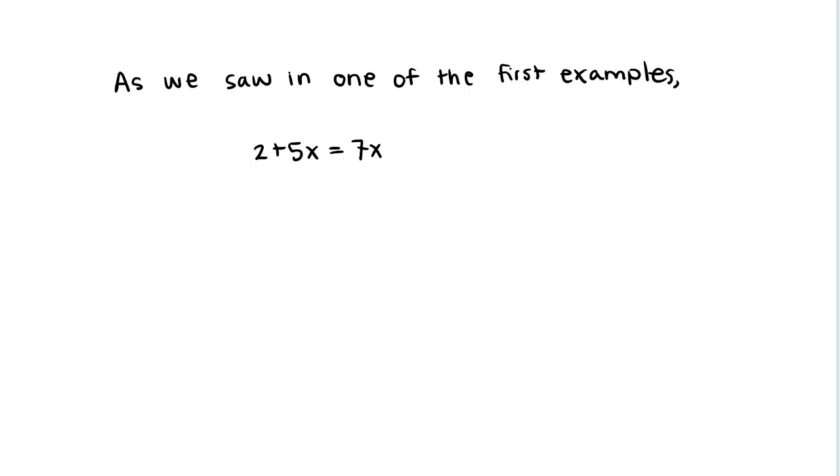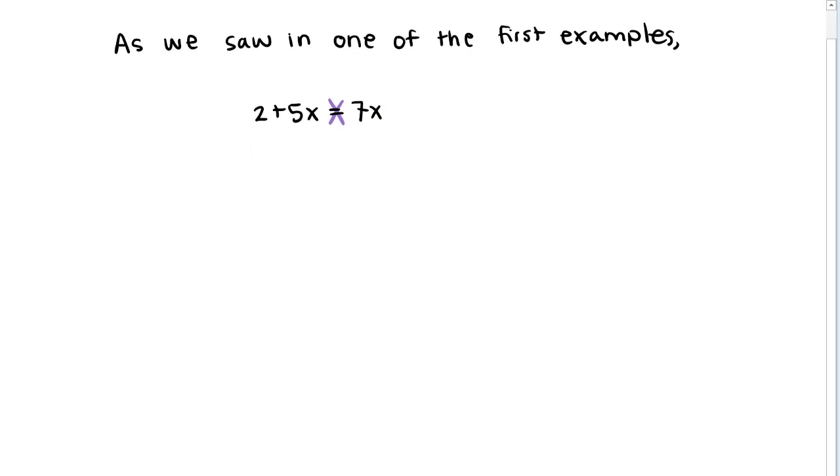We saw that we do not get the same results generally from 2 plus 5x and 7x. Right? We plugged in 3 and we saw one gave us 17 and one gave us 21. They're not equivalent. And so, if I see that expression on the left, 2 plus 5x, I can't add 2 and 5 together to give me anything reasonable. And so we just don't do it, at least if we're trying to simplify.